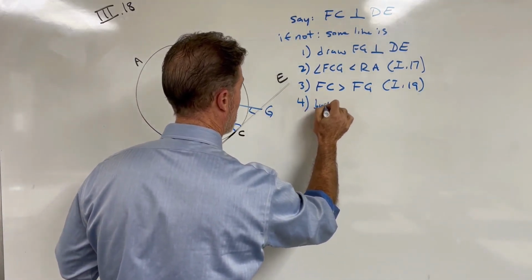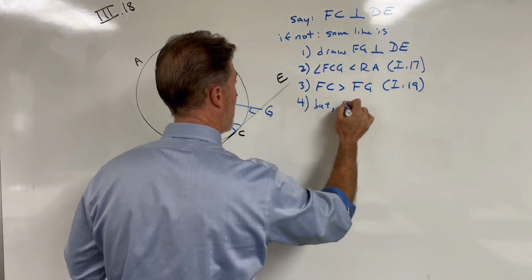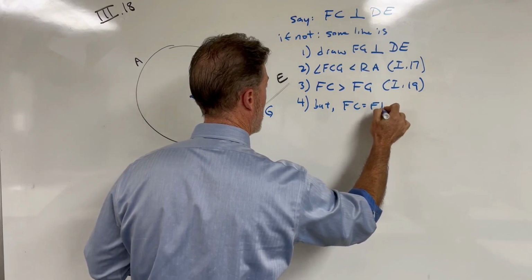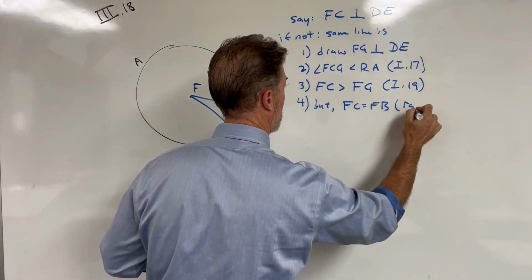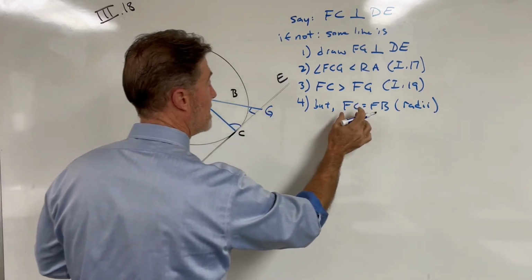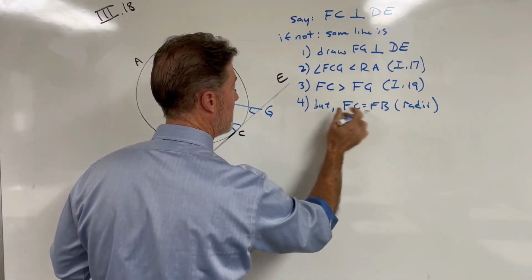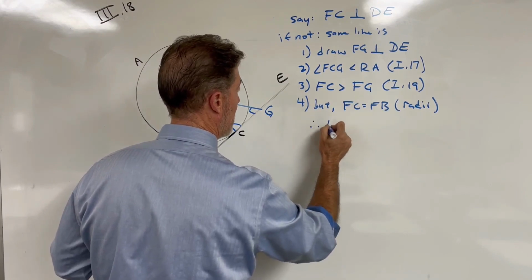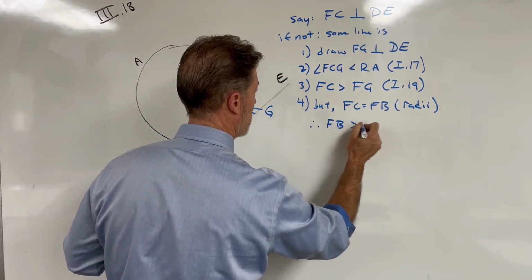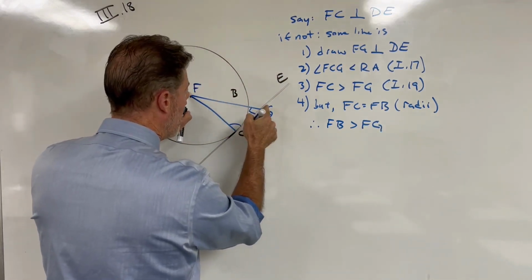But we know that FC is equal to FB because they're both radii of the same circle. Therefore, we can just substitute FB in for FC. And that means that FB is greater than FG.